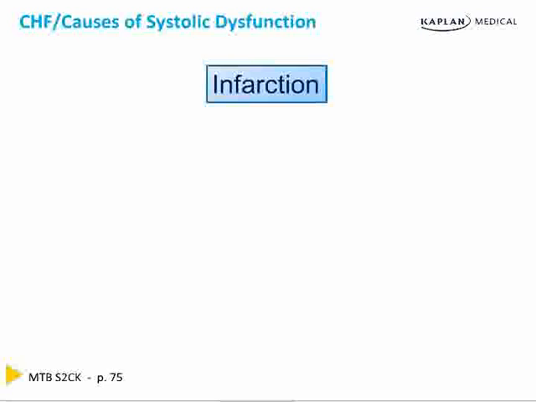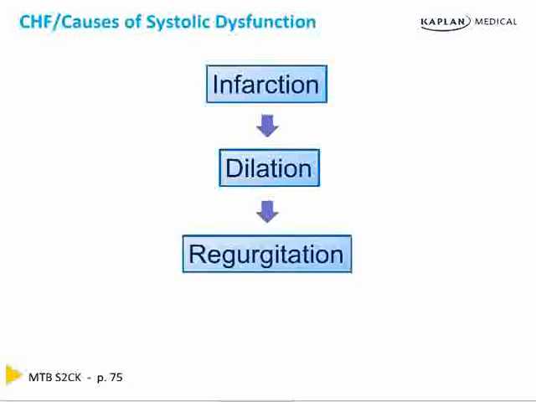When you infarct and the tissue dies, it dilates. And as you dilate, automatically the leaflets start to separate the valve, and you must regurgitate. Infarction makes you dilate. Dilate makes you regurgitate.